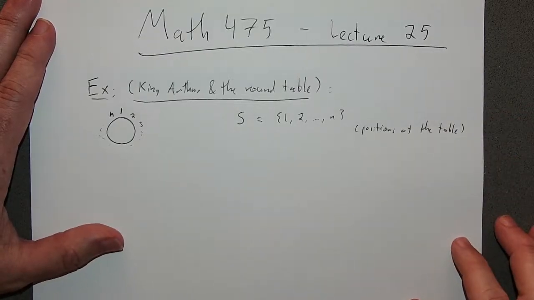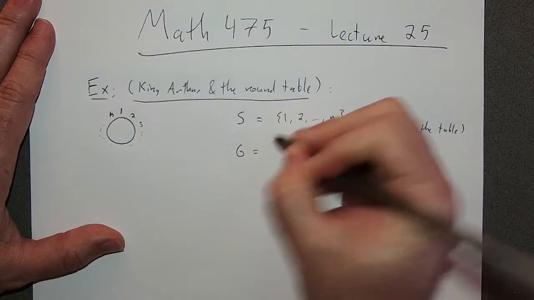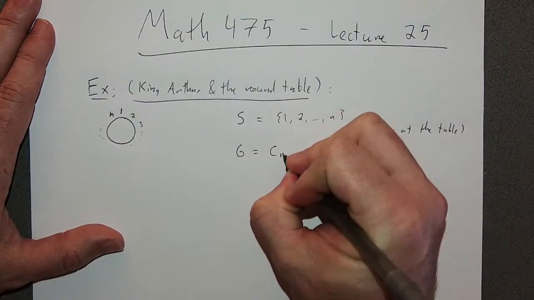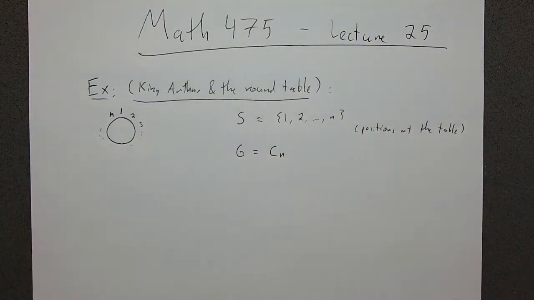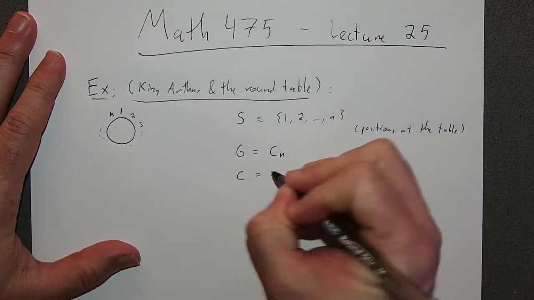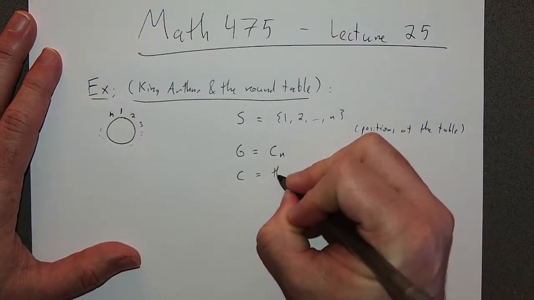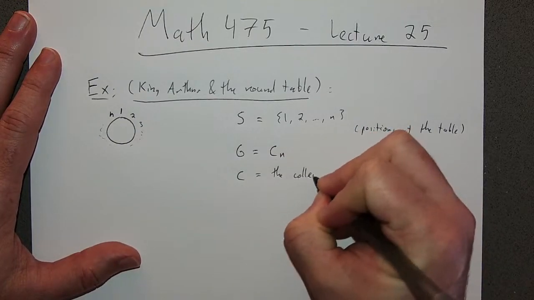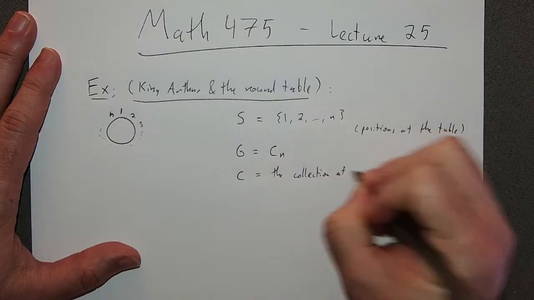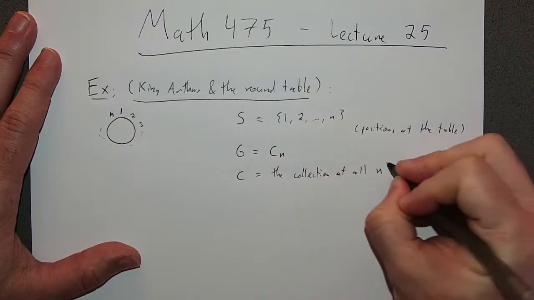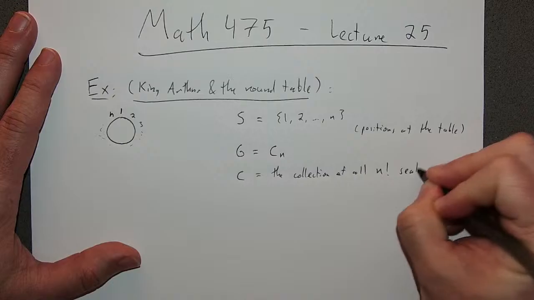Okay. What is G? Well, as we saw previously, G is the cyclic group on these n positions. What is C? The set of colorings. This is the collection of all n factorial seating arrangements.